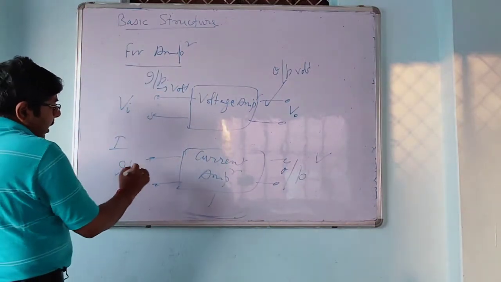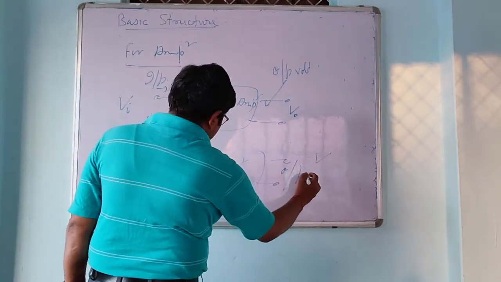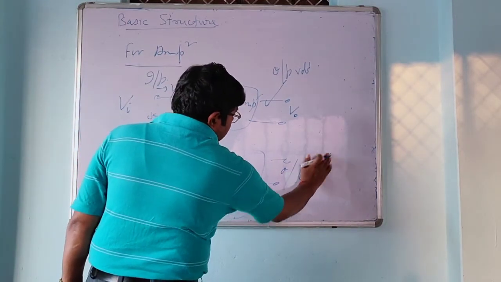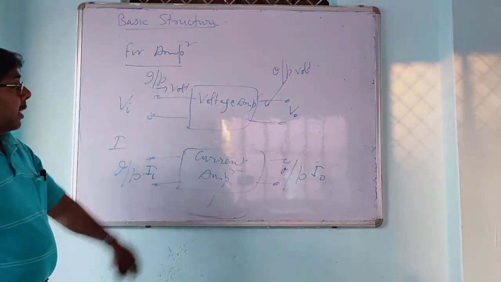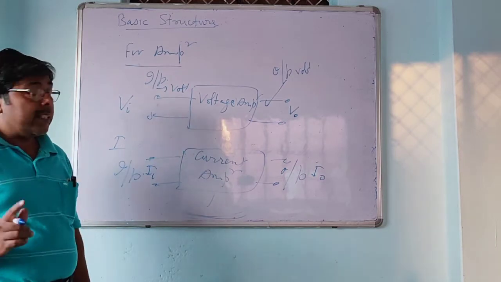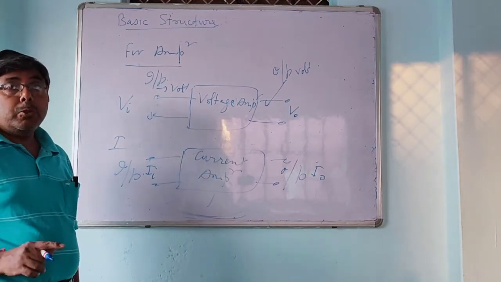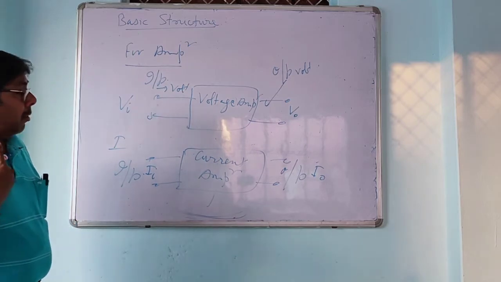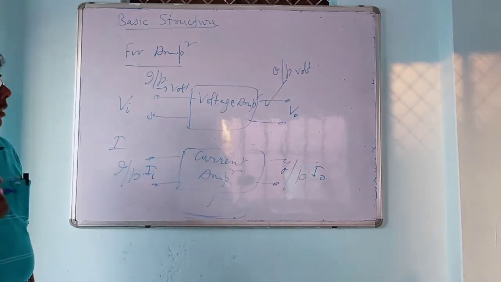Similarly, for the transconductance amplifier, the output is current and the input is voltage, and for the transresistance amplifier, the output is voltage and the input is current.